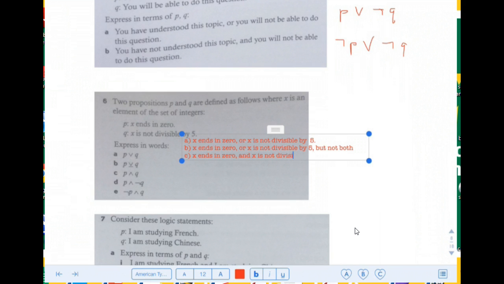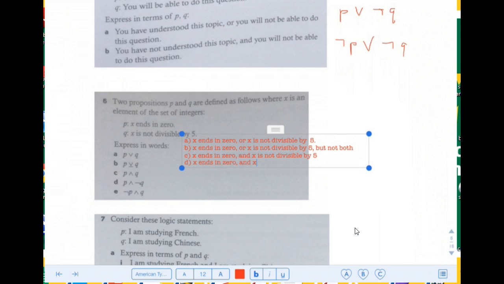D. P and not Q. So x ends in 0, and x is not divisible by 5. Or we say x is divisible by 5.